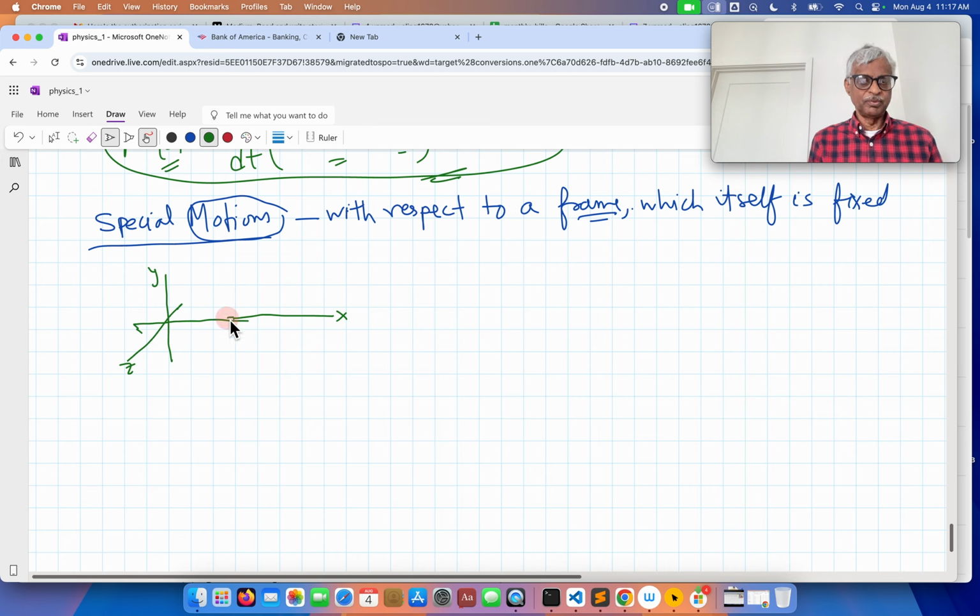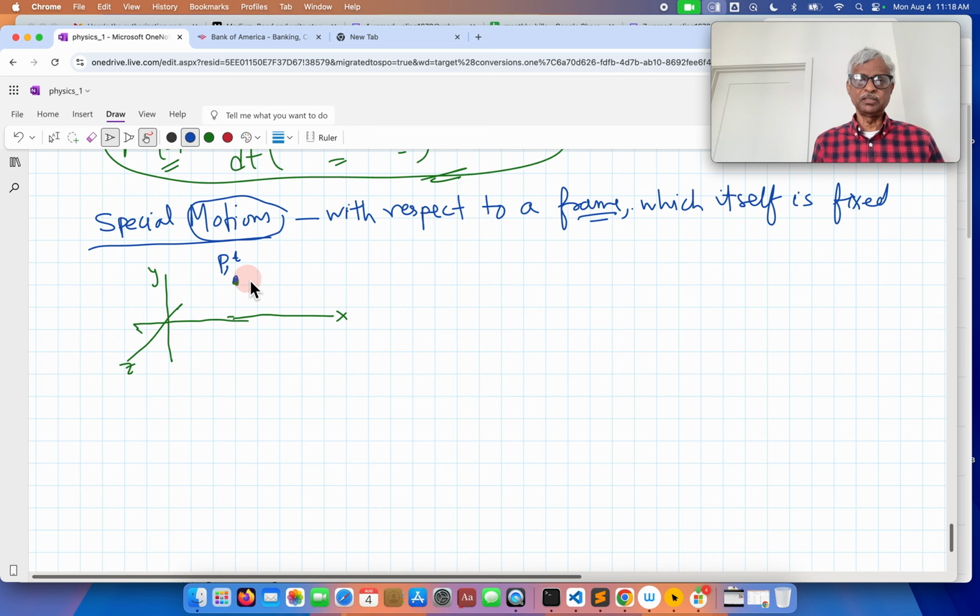and maybe your particle is over here at some time t, and it's moving at a constant velocity.